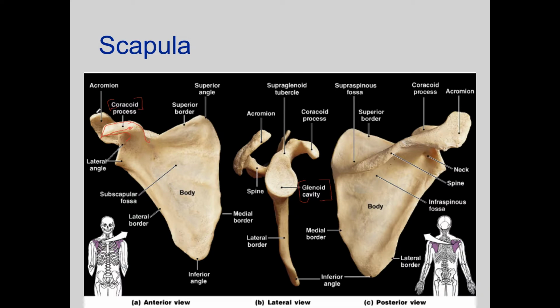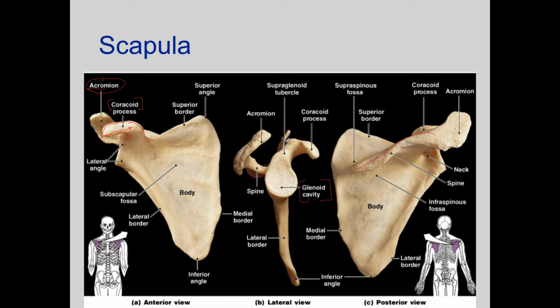The one on the other side of the glenoid cavity is called the acromion, and this acro means high up. So this is the tallest process on the scapula. The acromion is actually the end of a long ridge of bone called the scapular spine, which is right there.